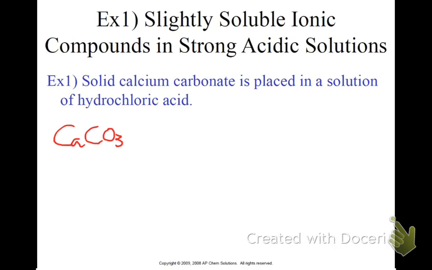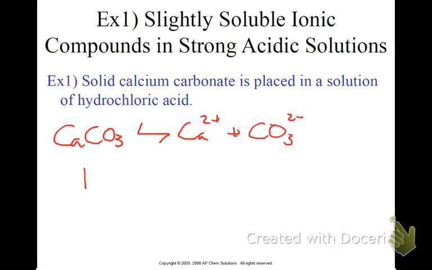But in the case of calcium carbonate, its solubility is so low that we consider it insoluble. Those that do dissociate form Ca2+ and CO3 2-. But the amount is so low that it's negligible, so we consider this compound insoluble.